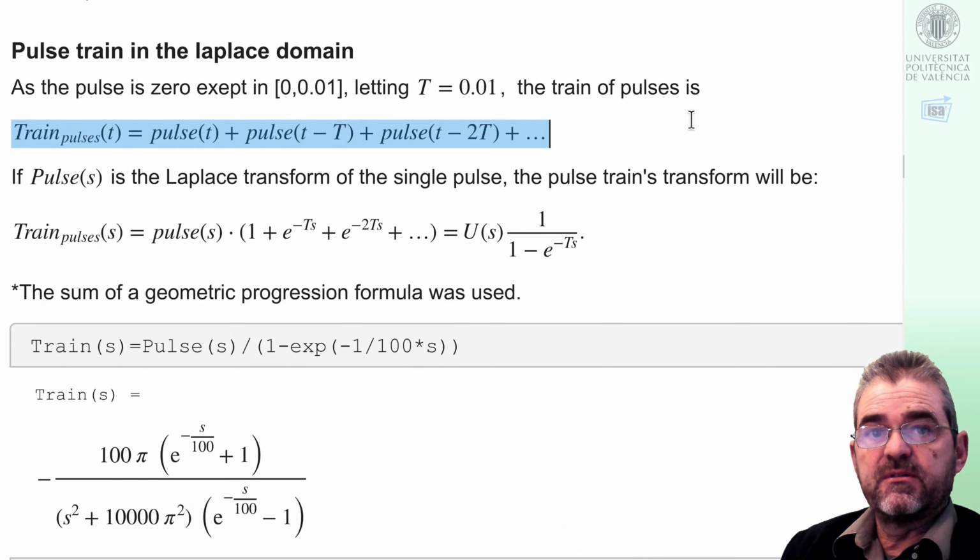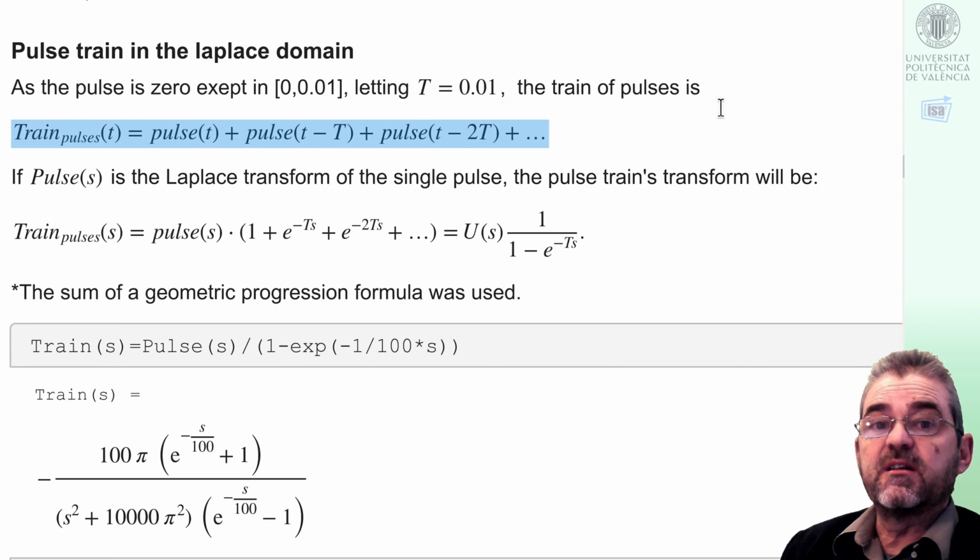In order to compute such Laplace transform, we need to realize that the pulse train is the sum of the pulse plus the same pulse delayed 10 milliseconds plus the same pulse delayed 20 milliseconds, so capital T. In here it's 0.01 seconds, and then this infinite sum is the time domain expression of our pulse train.